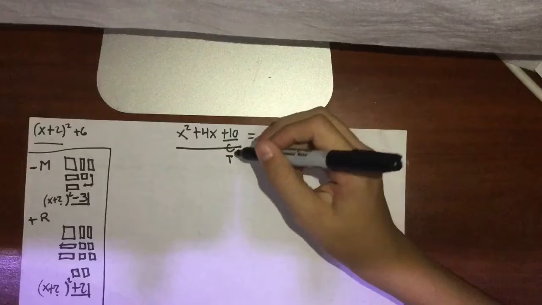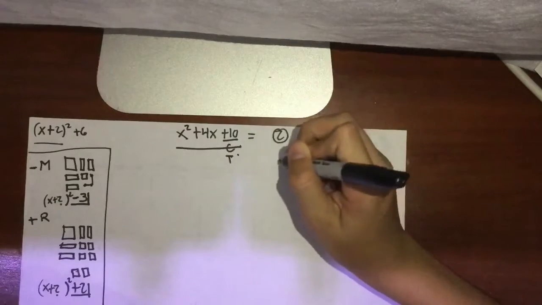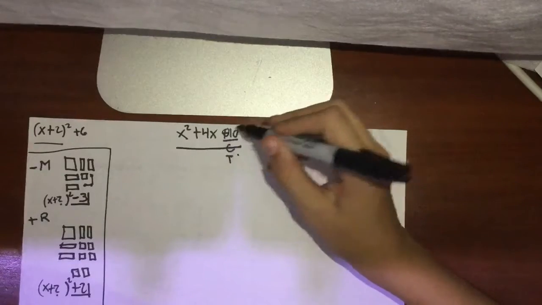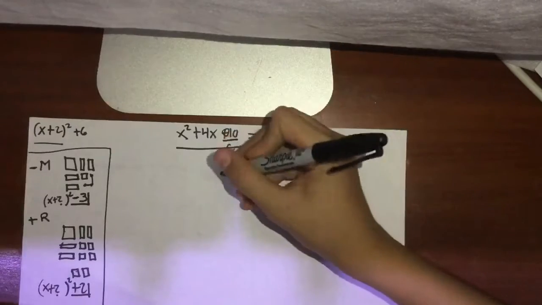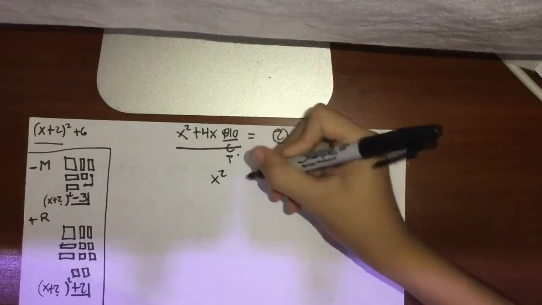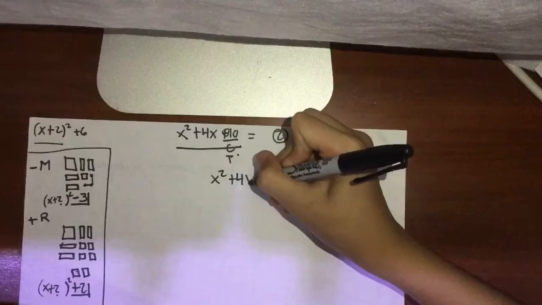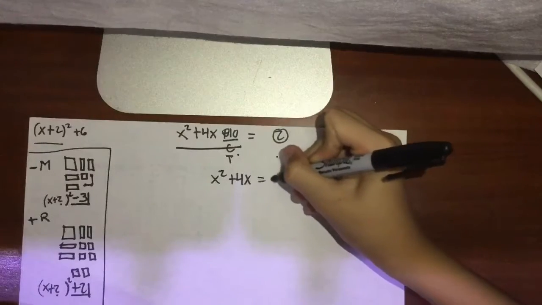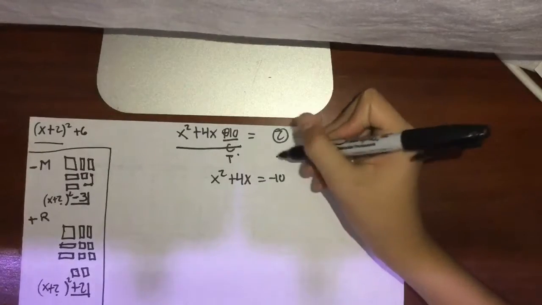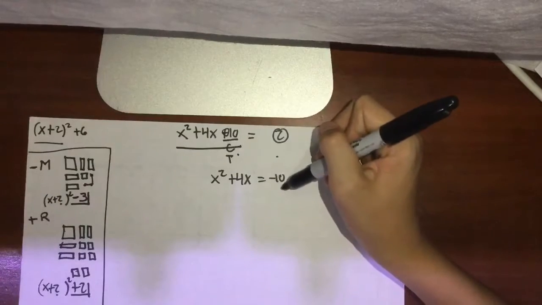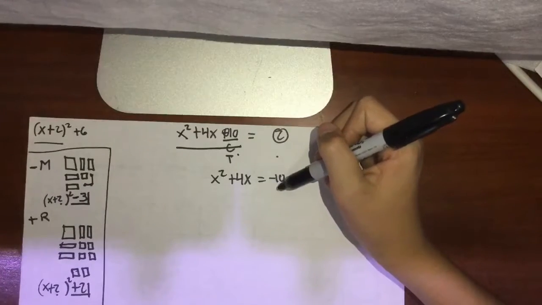When we pass one number from one side to the other, it changes sign. So the new equation after passing would be x squared plus 4x equals negative 10. We've passed the constant term to the other side and now it's negative.